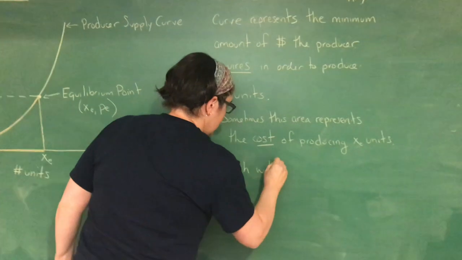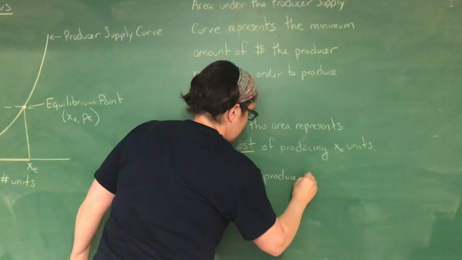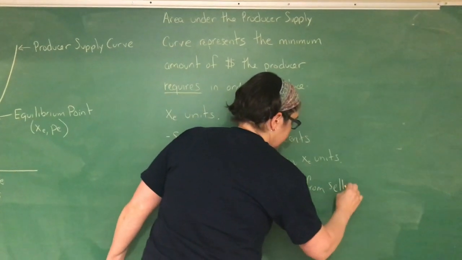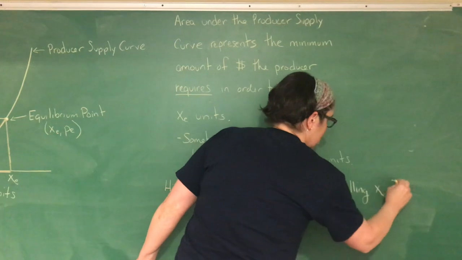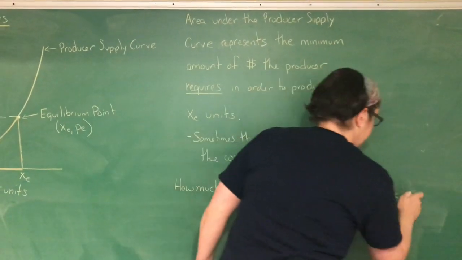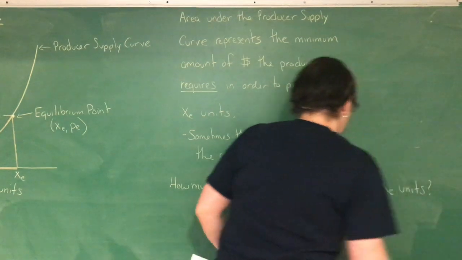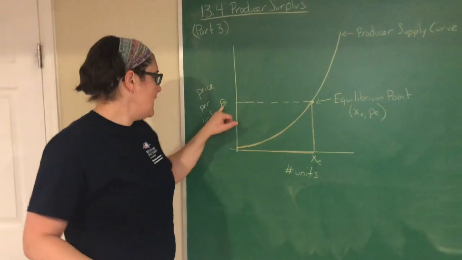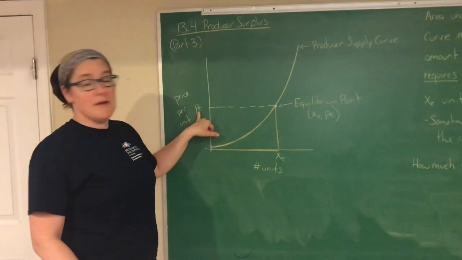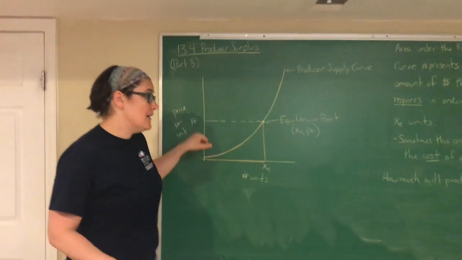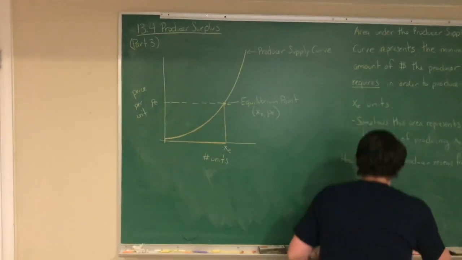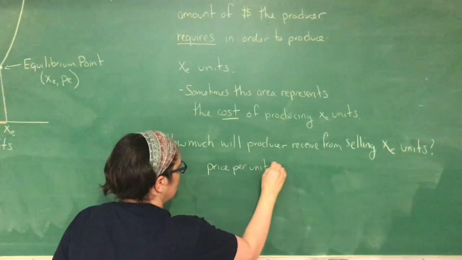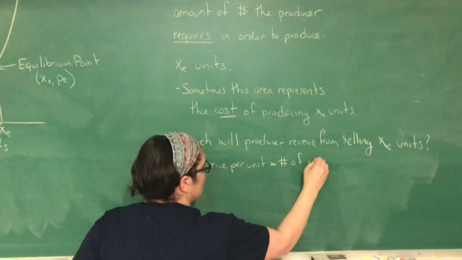Now, on the other hand, the next question that we might ask is, how much will the producer receive from selling X sub E units? Well, if the producer is selling this many units at a price of this many dollars per unit, then the money that he or she is going to receive is going to be the price per unit times the number of units.